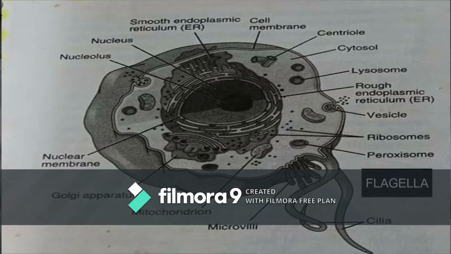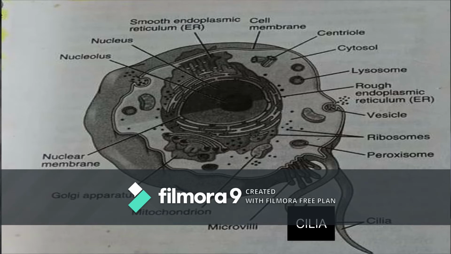Flagella. Flagella are relatively long, thin structures. Motile flagellated protozoa are called flagellates. The swimming motion of the flagella enables the flagellated cell to swim through a liquid environment.